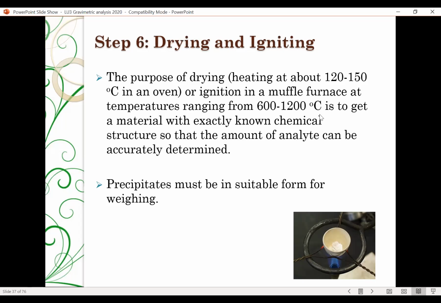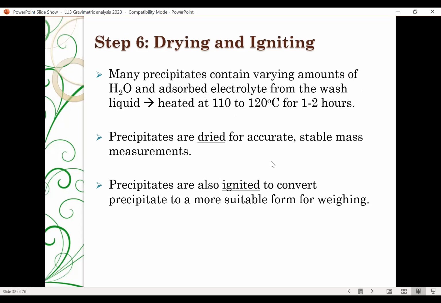The purpose of drying and ignition is to get a material with exactly known chemical structure so that the amount of analyte can be accurately determined. Remember, the precipitates must be in suitable form of weighing. Many precipitates contain varying amounts of water and adsorb electrolyte from the wash liquid.